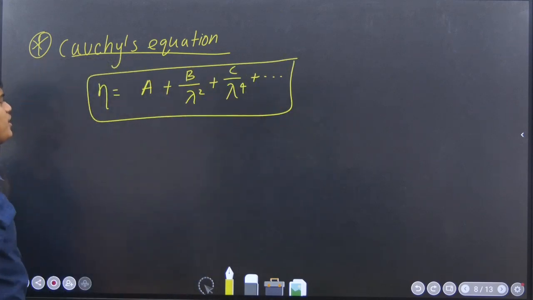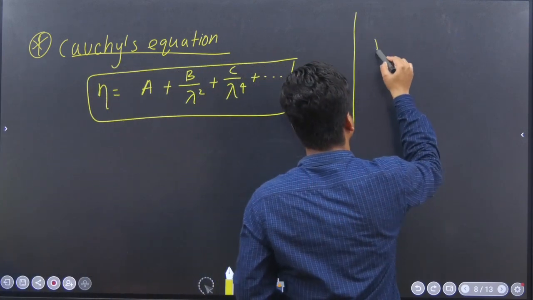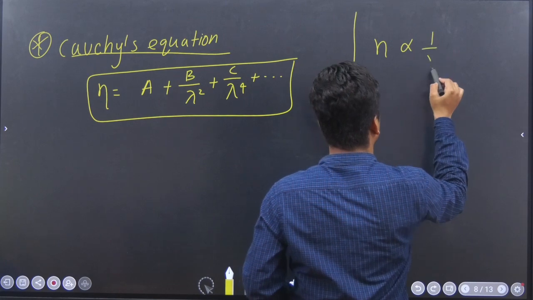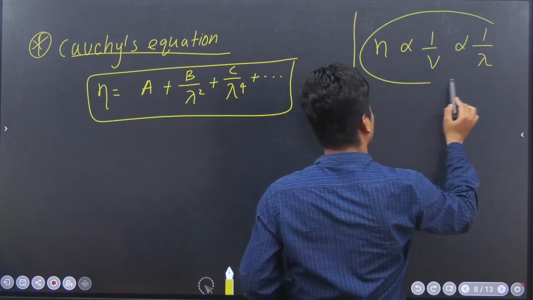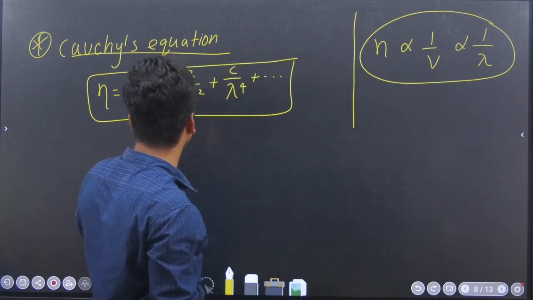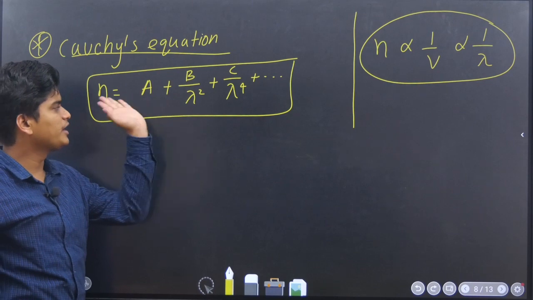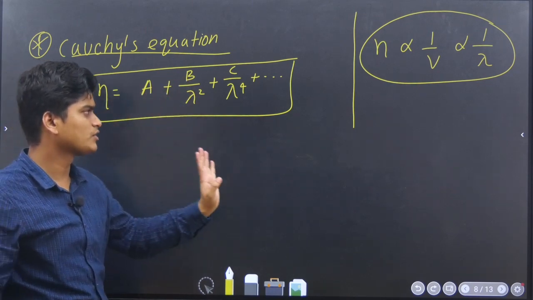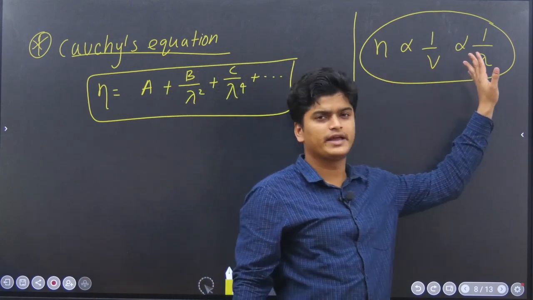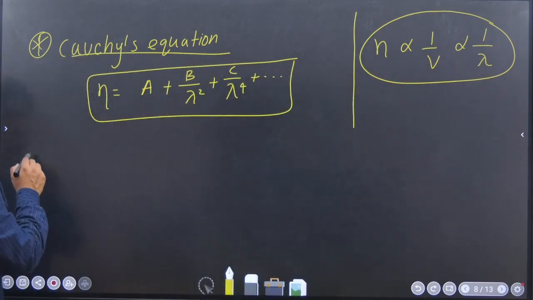So this is the relation you can remember between refractive index and wavelength. Normally we know refractive index is inversely proportional to velocity and also inversely proportional to lambda. This one you already know, but from Cauchy's formula this comes, and A, B, C are constants. So if a refractive index variation question comes and these options are there, then choose this option as compared to only 1 by lambda. So this idea you can just remember.